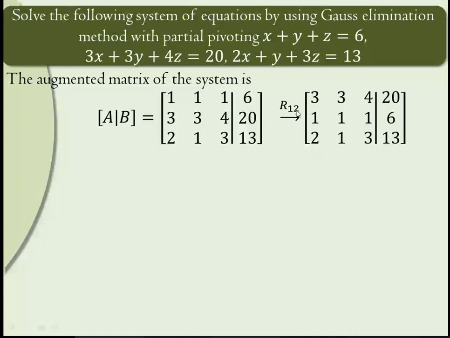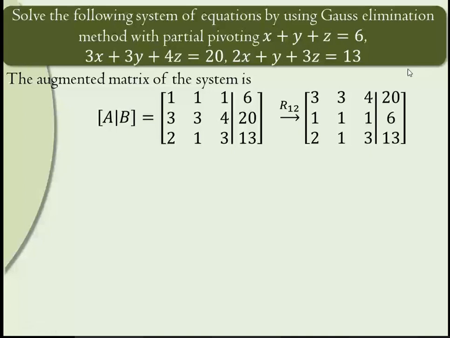Okay, so here this 1 1 1 6 becomes the second row and 3 3 4 20 becomes the first row. Okay, this is the operation called an interchange of two rows. Or we just make this the first equation, this the second equation, this the third equation, just rearranging the equations. And rearrangement means interchanging of rows.